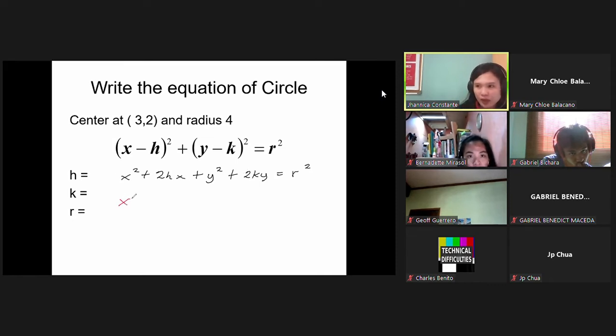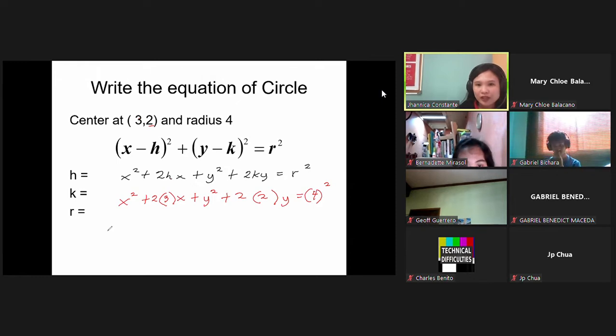So you have x squared plus 2 times the value of h, which is 3, x, plus y squared plus 2 times the value of k, which is positive 2, y, equals the radius, which is 4 squared. So simplify the equation. 2 times 3 is 6, so 6x plus y squared, 2 times 2 is 4, so 4y equals 16.